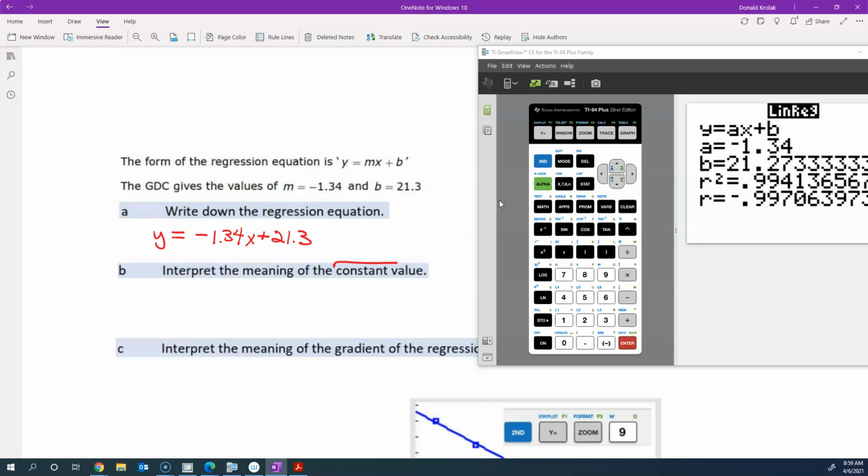Now the constant, this is the y value when x is 0. So the constant is this.